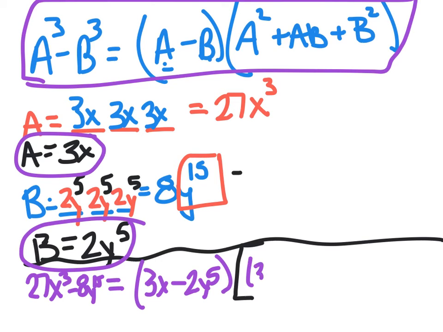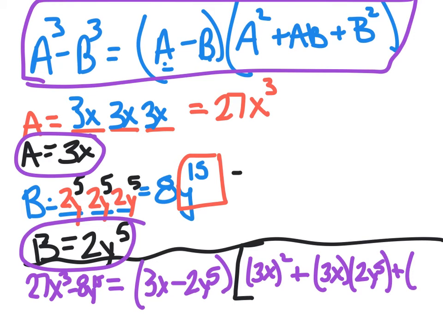That a term squared, so that's 3 quantity x squared, opposite, so plus, I need the a term times the b term, so that's 3x times 2y to the 5th, always positive. Now take that b term, 2y to the 5th, and square it.